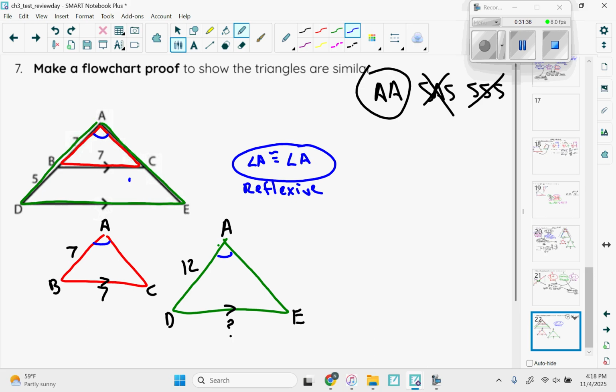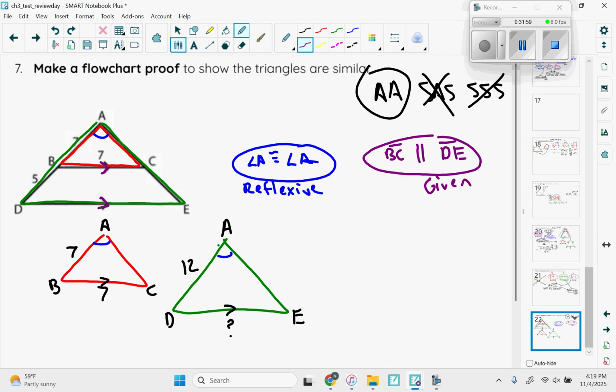All right. Now I'm looking for another pair of angles. And again, just like our previous problem, we have parallel lines. So I'm going to put that bubble in first. We got BC parallel to DE. And that is given to us.